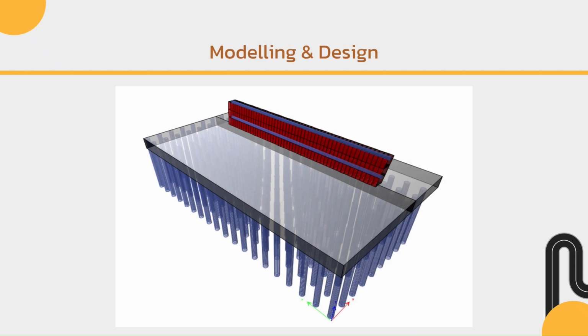As with the superstructure design and the optimization process, the substructure, from the abutment, approach slab, wing walls, raft, and piles, was also designed using CSI software supported with our manual design calculations.